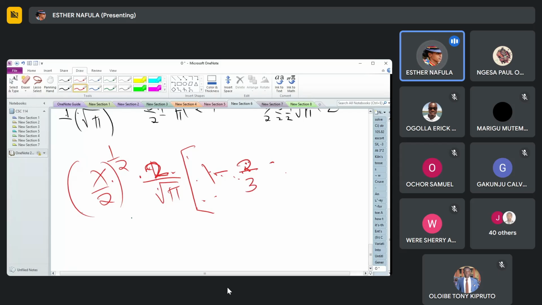Is the first term 1 or 2? The first term is 1. The second term is 2 over 3 times x over 2 squared.